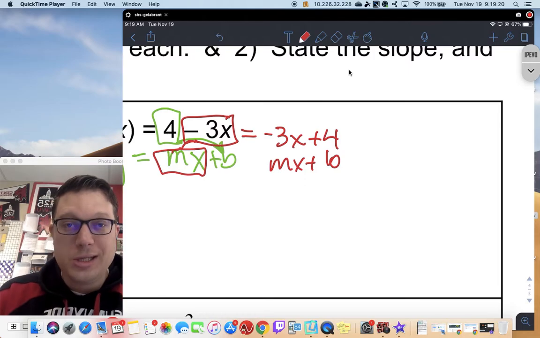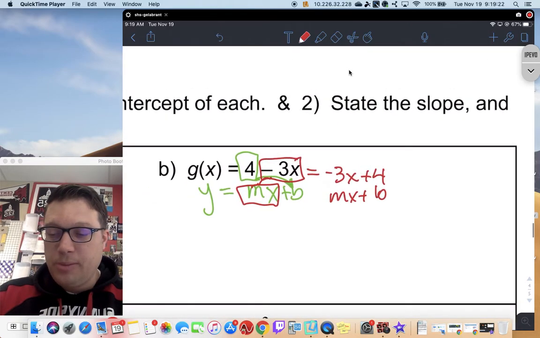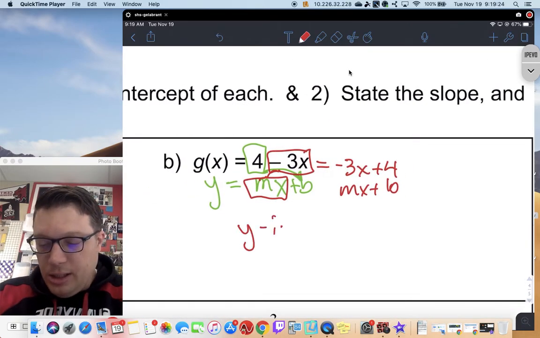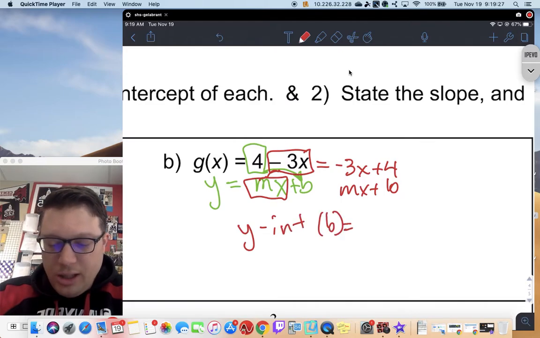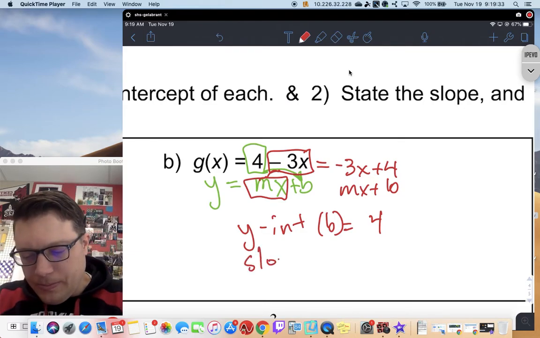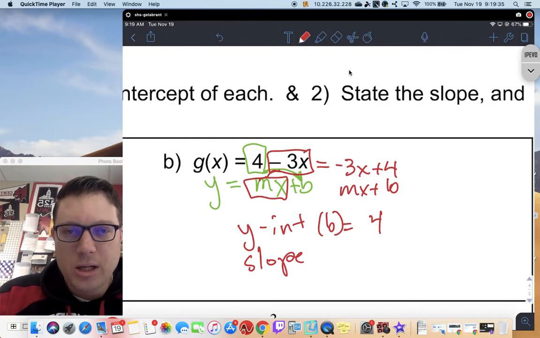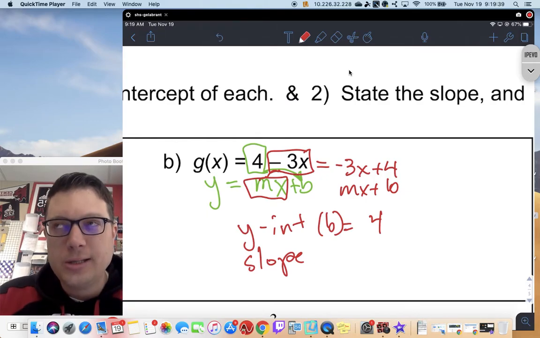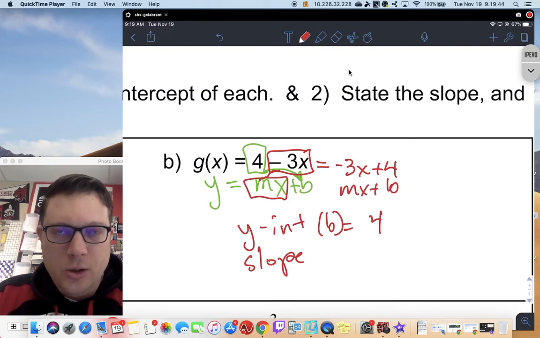So to continue answering the questions from the prompt up above, y-intercept, easy, it's b, it's 4. Slope, it's the number in front of x. Too many times students say mx plus b when I say slope, and I just shake my head, like, oh my god, are you kidding?